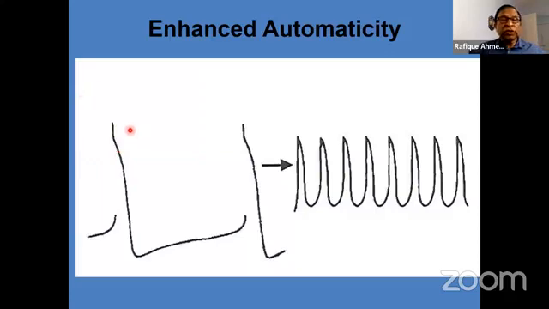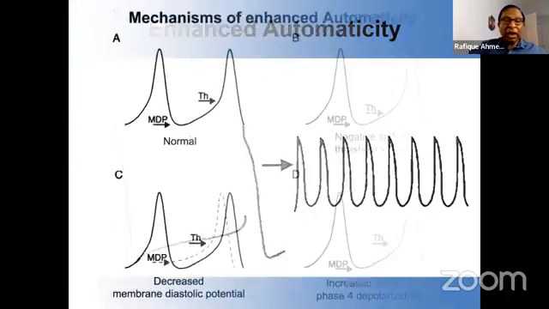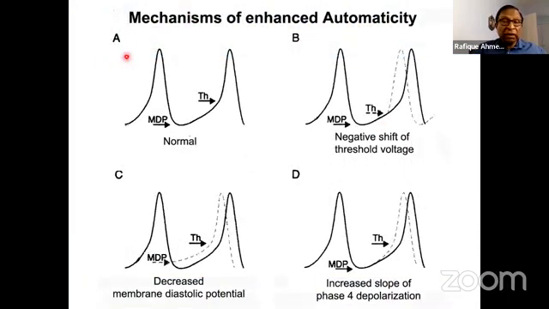So enhanced automaticity: let's say the sinus node was beating at a rate, and this rate can become faster. The same thing just gets faster, that's enhanced automaticity. Now, how does it happen? Let's look at this action potential, which is the sinus node potential.